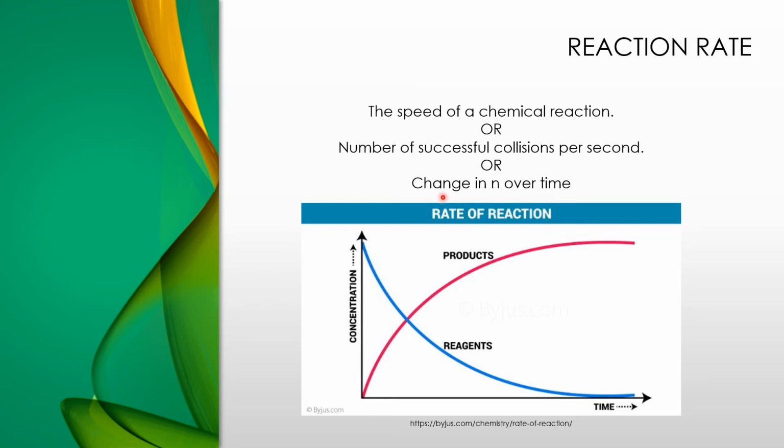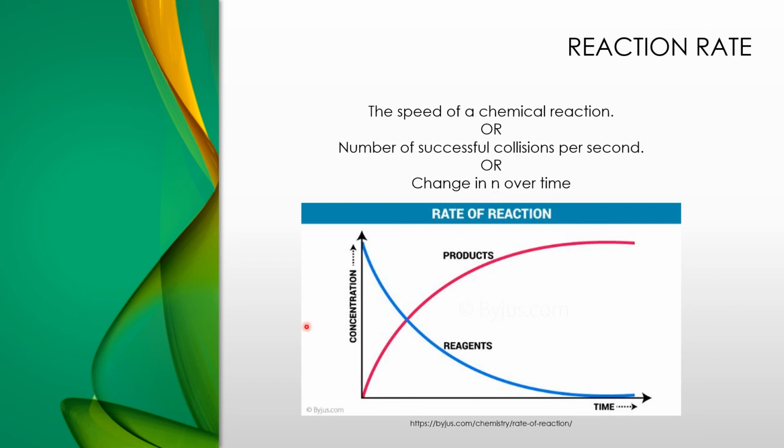And even more specifically then, the change in n over time. So if we have reagents or reactants turning into products, we're looking at how quickly the number of moles of reagents are declining over time. So for fast reactions, the number of reagents will drop quite quickly, and in slow reactions, the number of moles of reagents will drop much slower.